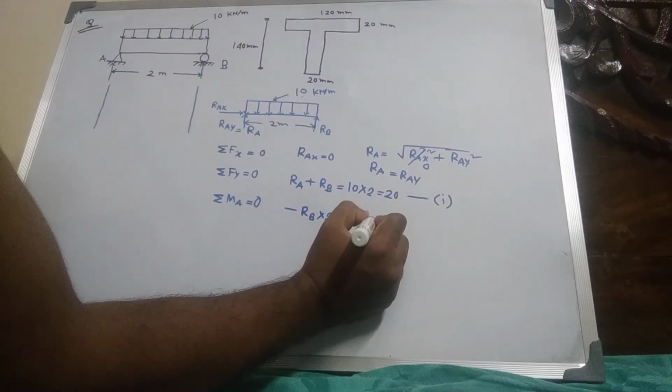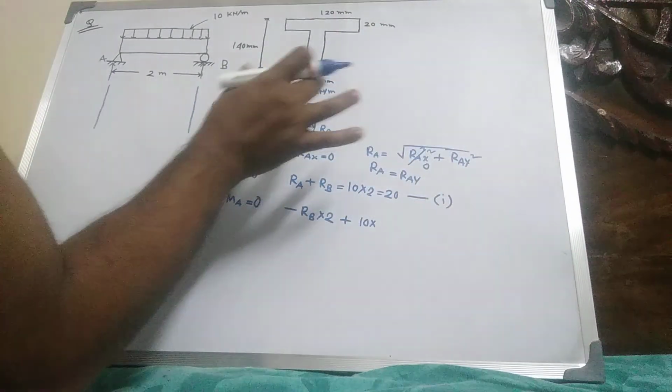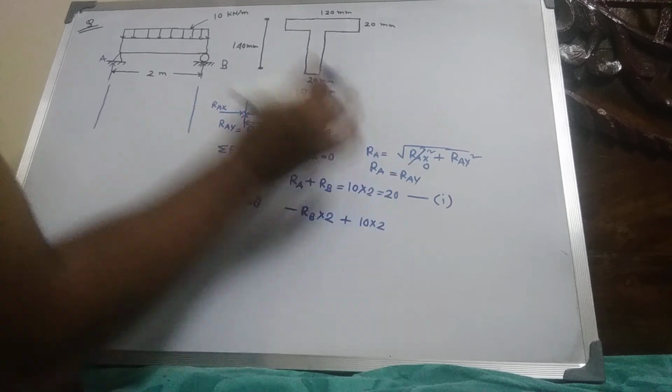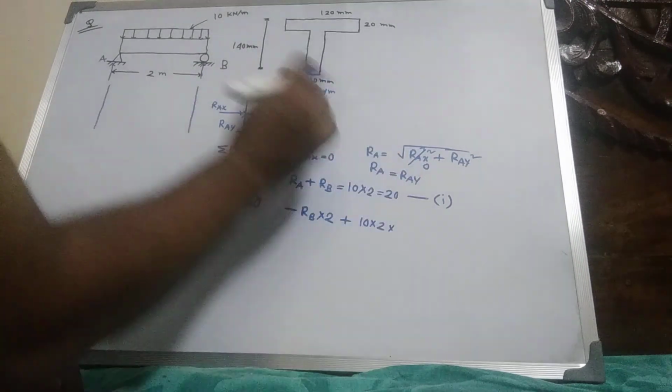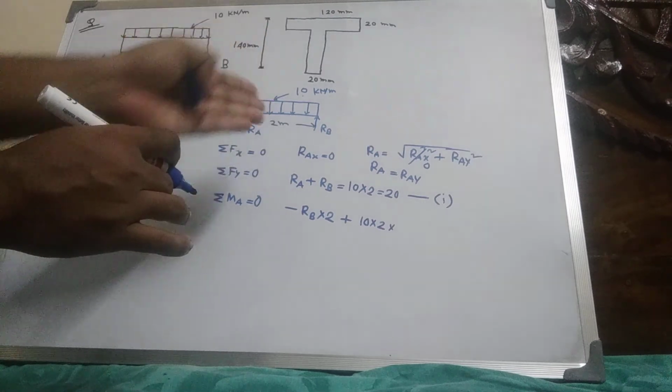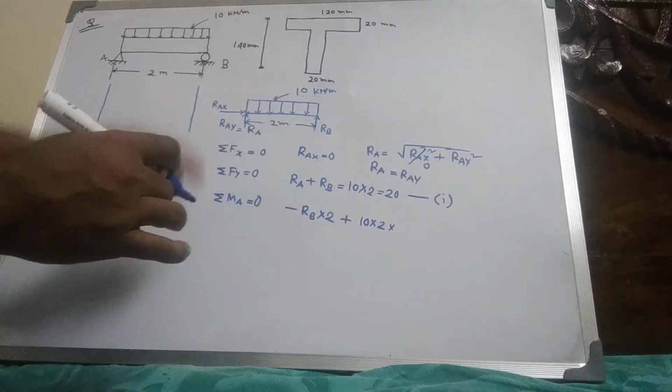The total weight of the UDL is 10 into 2, into the distance, which is always at the centroid.